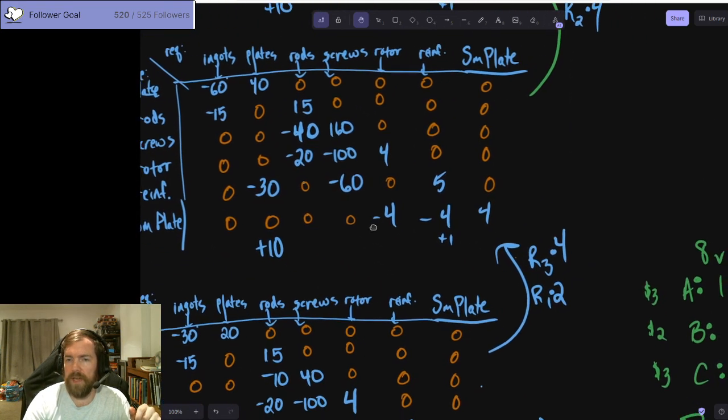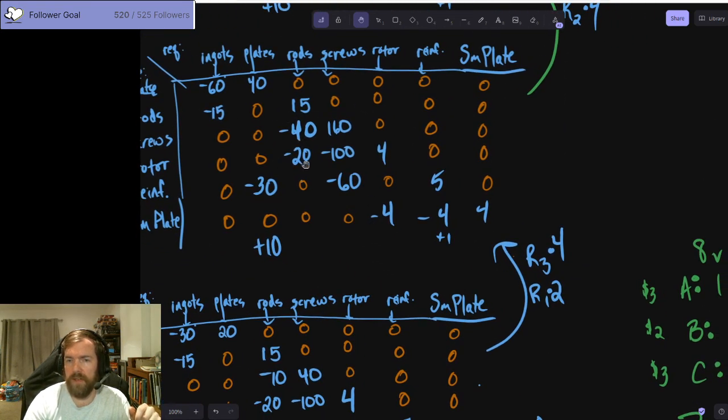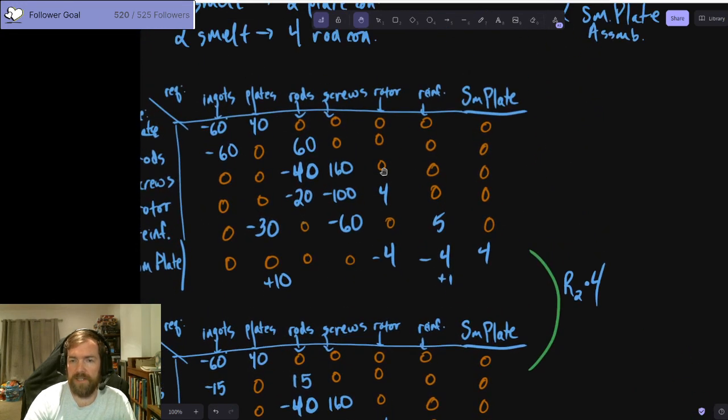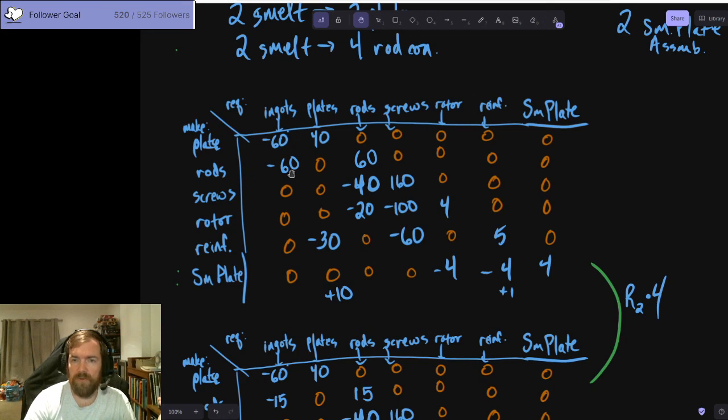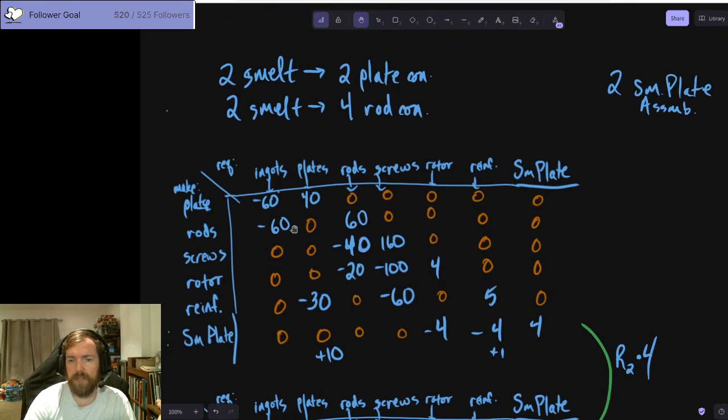And then when we did that, we said now we have a rod usage of 60, which is a scale of 4 on the rod production, which is going to get us this thing, which now we have to get 120 ingots going through, which is going to be split into 2 smelters, which then one goes to plates, one goes to rods.